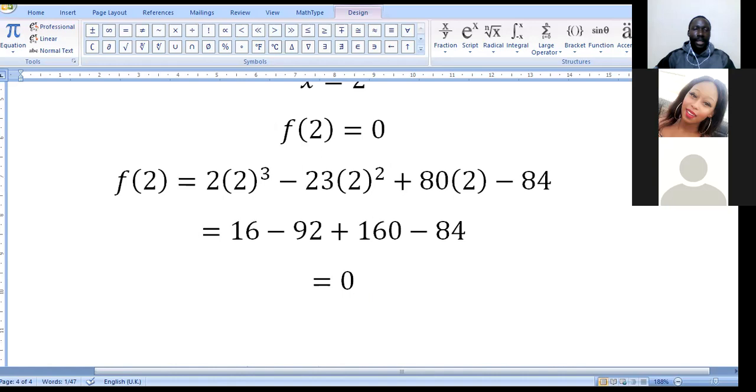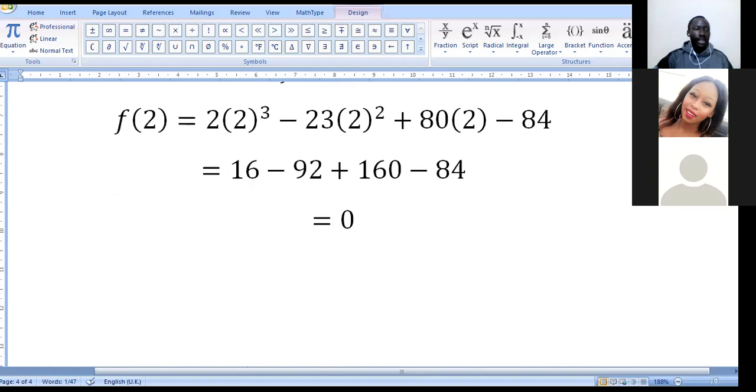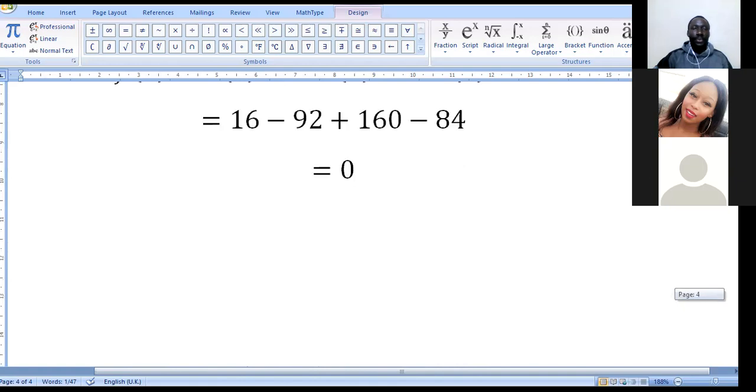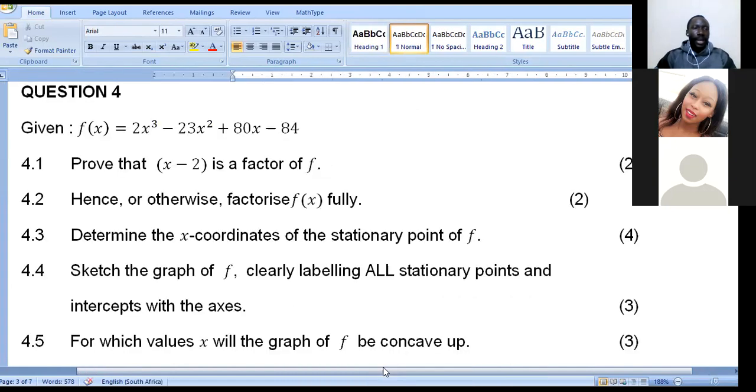Well, the next question is 4.2. Let's see what they're asking for in 4.2. We are supposed to factorize f of x.